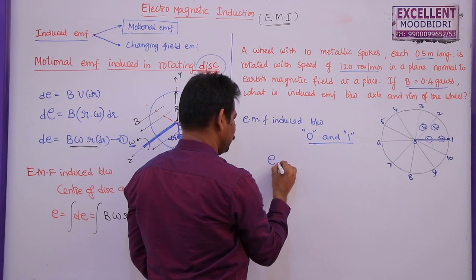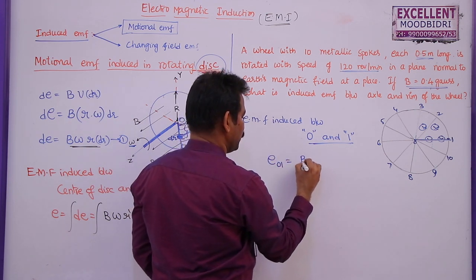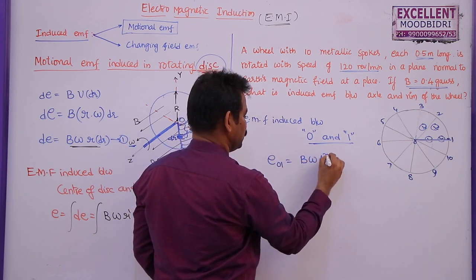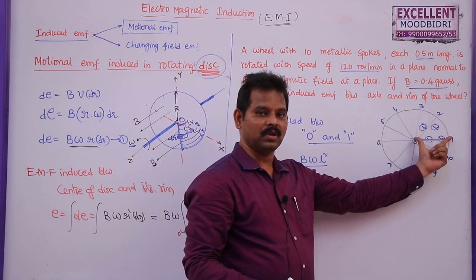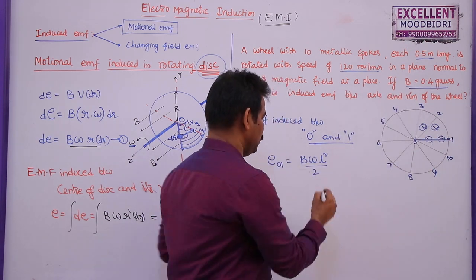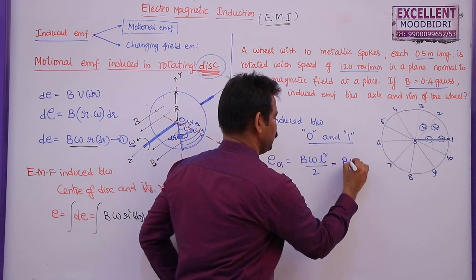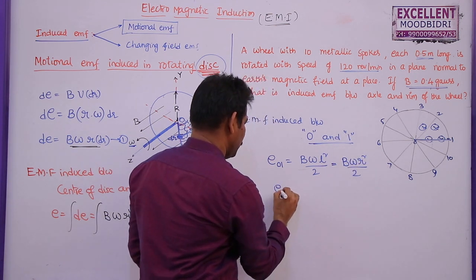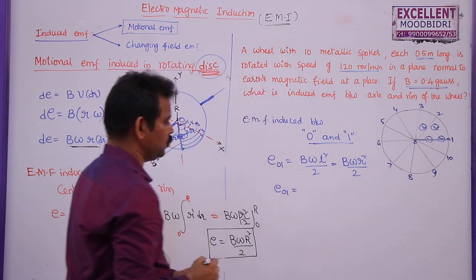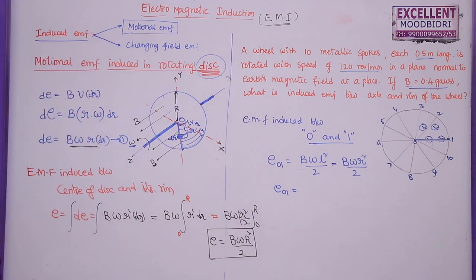So E between 0 and 1 is given by B omega L square by 2, where L is the length of this rod, which is also equal to the radius of this wheel. So I can write this as B omega r square by 2. So EMF induced between 0 and 1 is equal to B omega r square by 2.